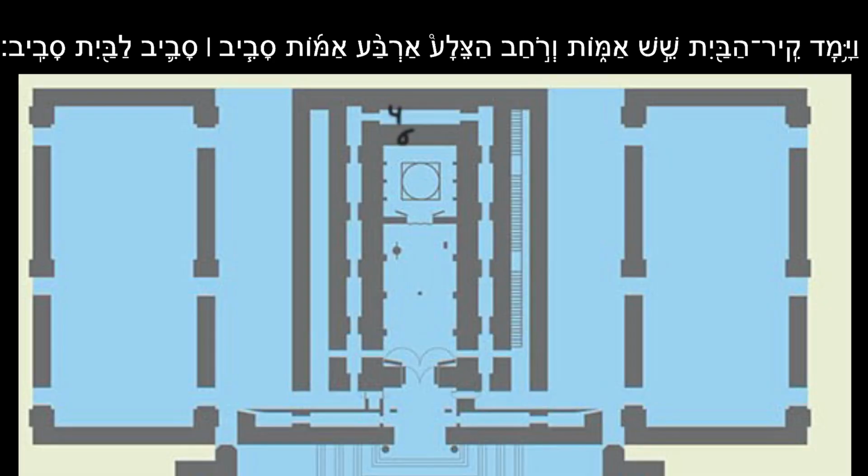Now, looking at the back of the Holy of Holies, the Kodesh HaKodashim, he measured the thickness of the wall, which was six amot, and I wrote six over there. The width of the cell was four amot.